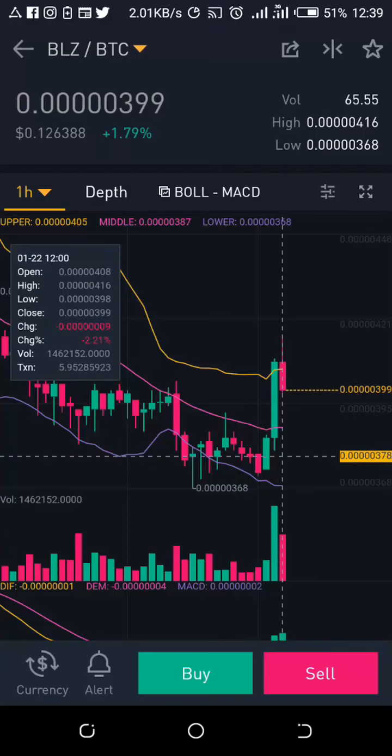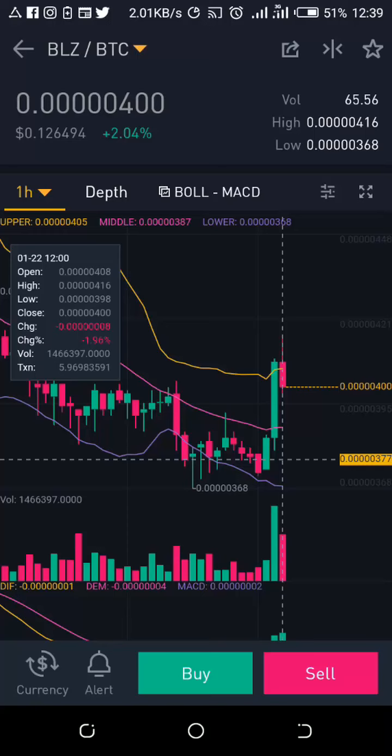If you look at this analysis on the left hand side, you see the low value of this particular chart bar is 398, and we placed our order at 399 Satoshi, and it has been executed.